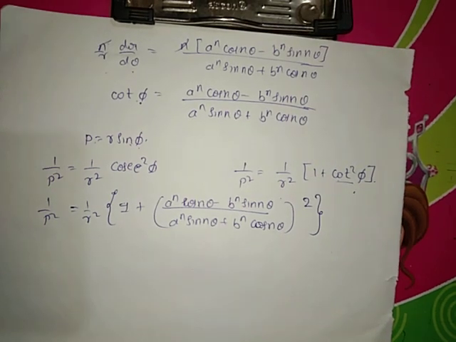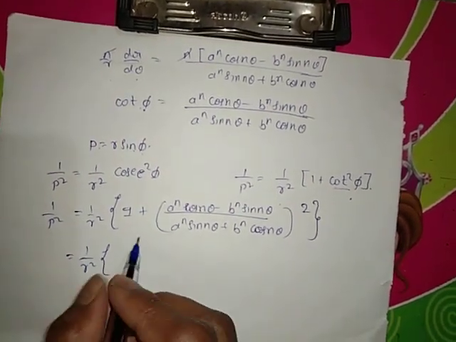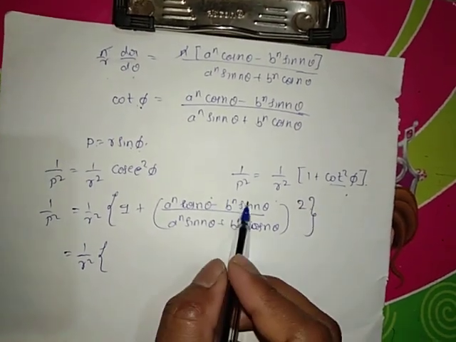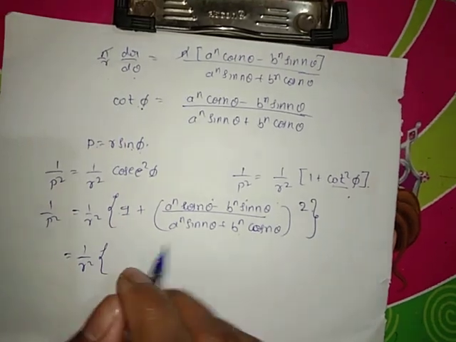So now the equation becomes 1 by r square into, square is applied for both numerator and denominator. Here it is the plus 1. Take entirely LCM.